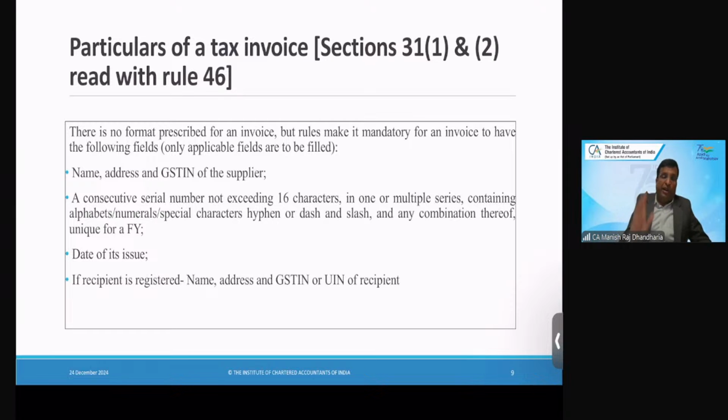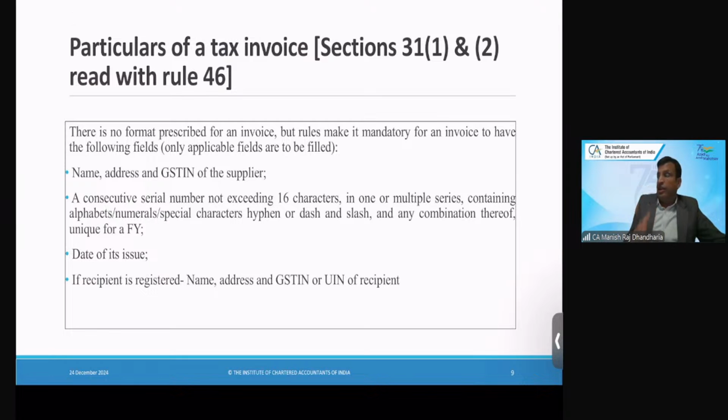A very important point: you have to assign one unique number to every invoice. And very importantly, the invoice number should not be of more than 16 characters.